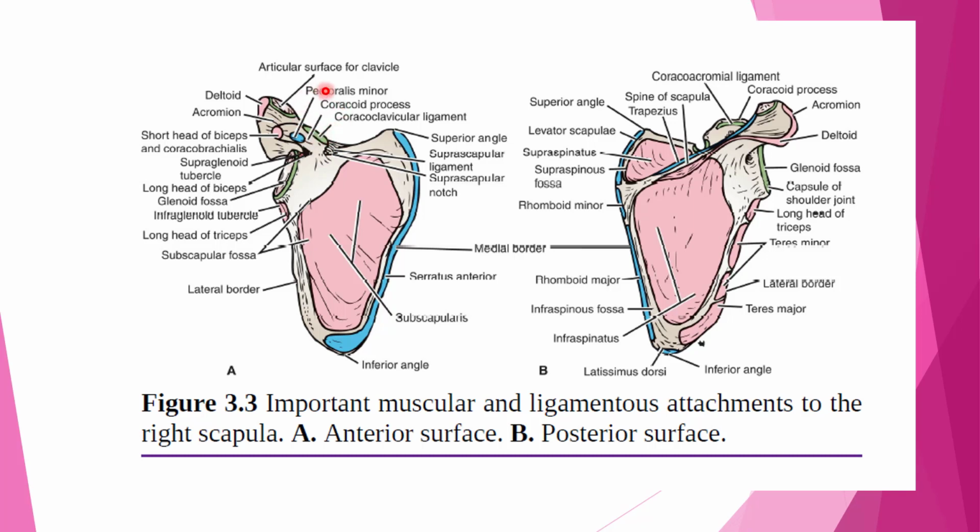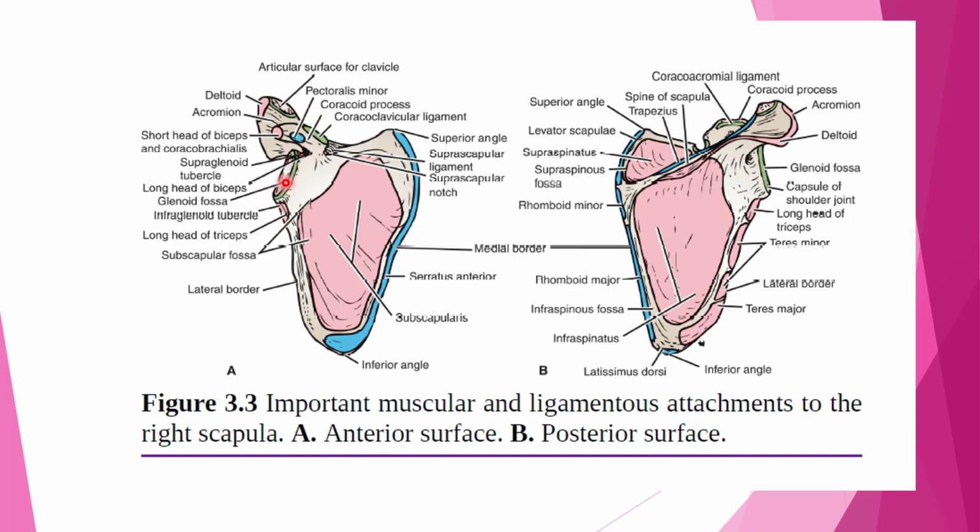It is inserted into the medial border and the superior surface of the coracoid process. This is pectoralis minor muscle. Up till now we have discussed the subscapularis, then supraspinatus, infraspinatus, deltoid muscle, trapezius muscle, long head of the biceps, short head of the biceps, coracobrachialis and pectoralis minor muscle.